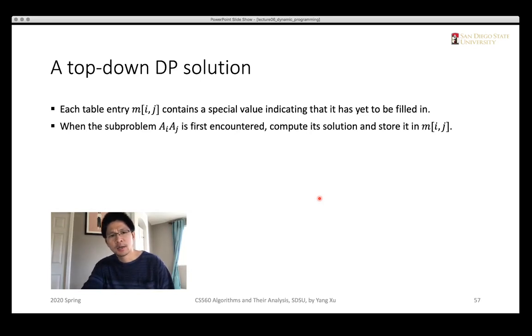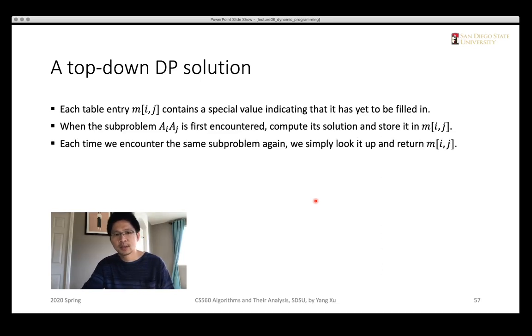When a subproblem is encountered by the procedure, it will first check. If it's first encountered, it will solve it and store the solution into M[i][j]. Each time we meet the same subproblem again, we simply look it up and return the value of that element in the M[i][j] cell.